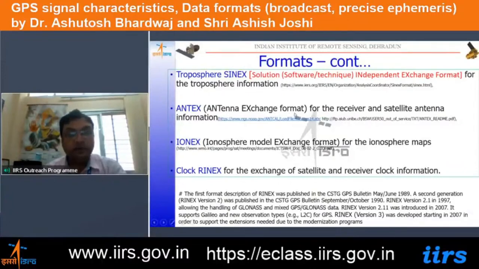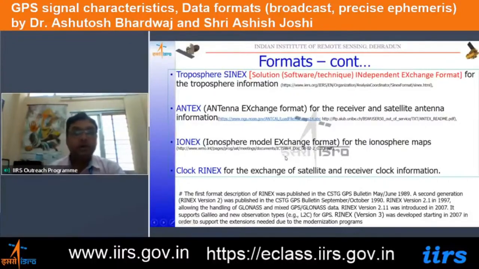Then antenna exchange formats are also there for the receiver and the satellite antenna information. Either we have to have the correct information, or we may need to upload or update it. Similarly, for ionospheric correction, we need the ionosphere model exchange format, IONEX, for the ionospheric maps.